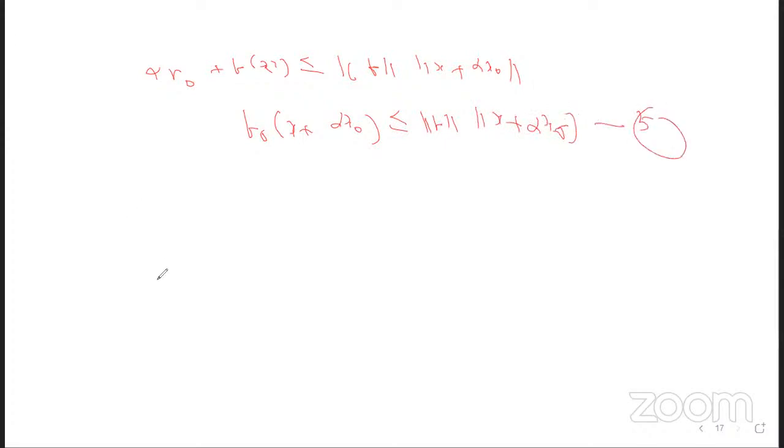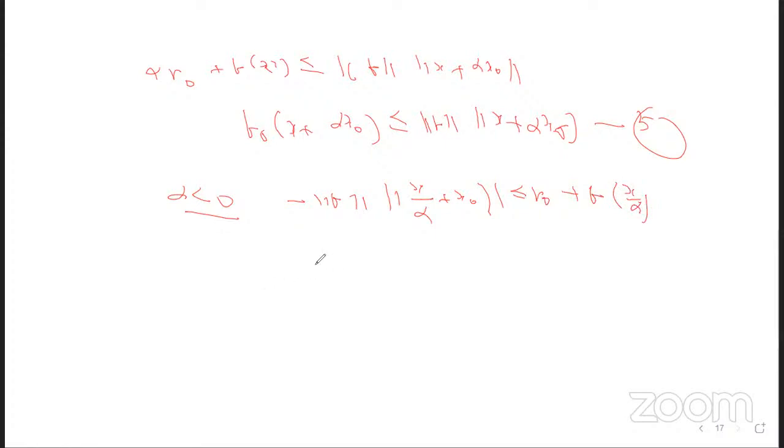So consider the inequality again, alpha less than 0. Consider the inequality minus norm of f, norm of x by alpha plus x naught is less than or equal to r naught plus f of x by alpha.